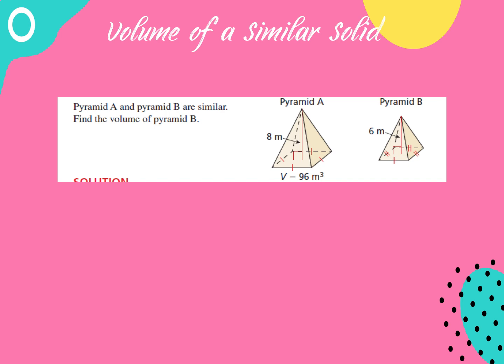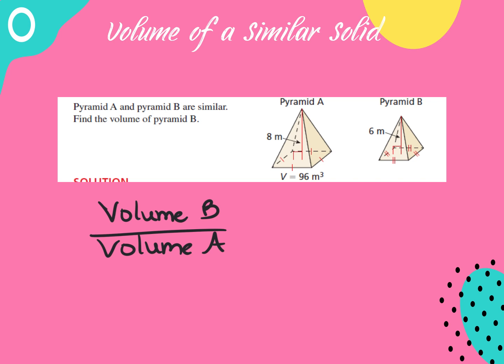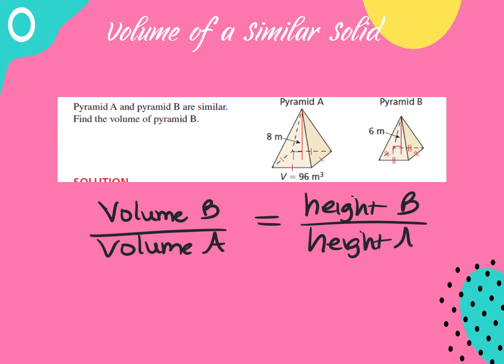So if I decide to do the volume of B over the volume of A, I'm going to set that equal to the height. I'm looking for a linear measure of B over the height of pyramid A, but what you need to remember is those linear measures get cubed.